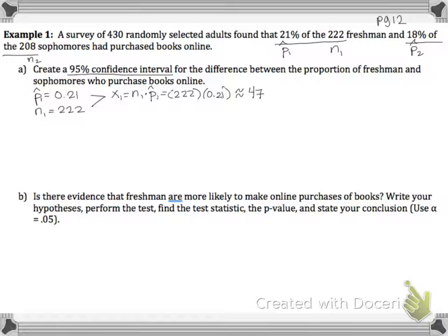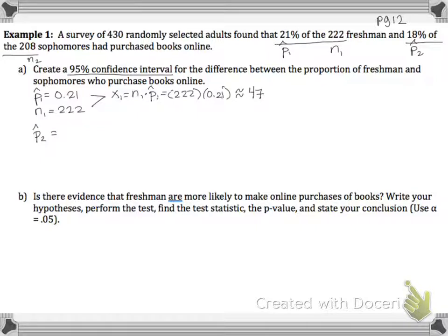Okay, I'm going to do the same work here. We're going to find X2 the exact same way, and then we're going to go ahead and run a 2-prop Z interval on these two values, okay? So we'll go ahead and do it right underneath. There's plenty of room, I think. We'll see.